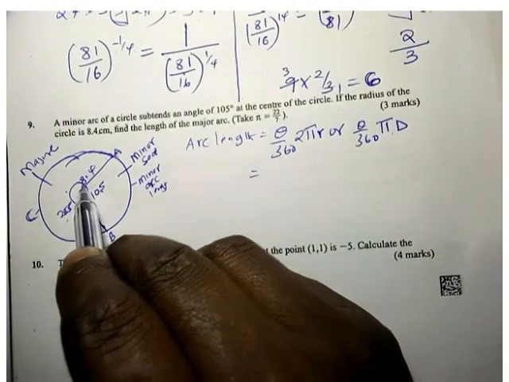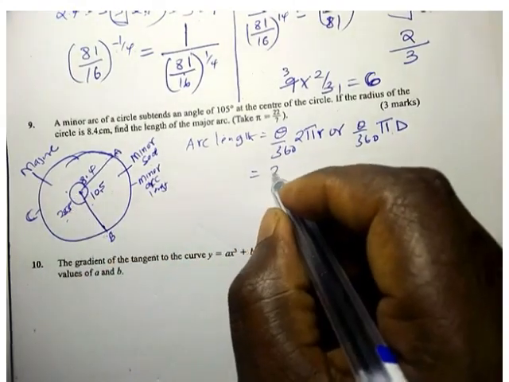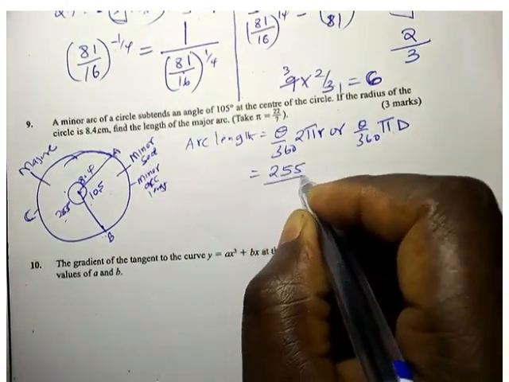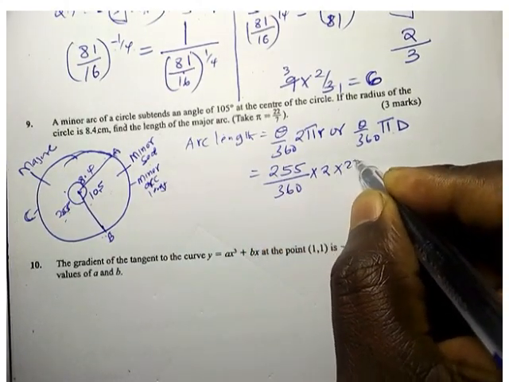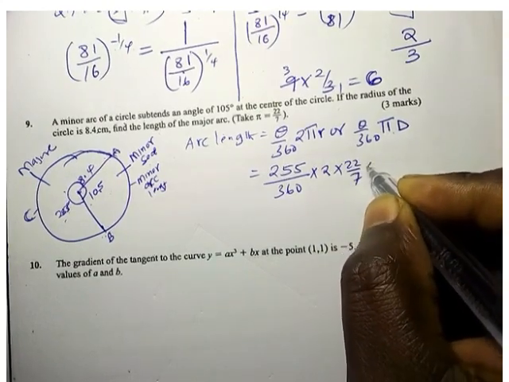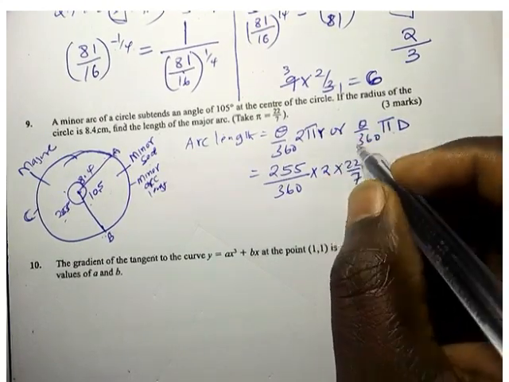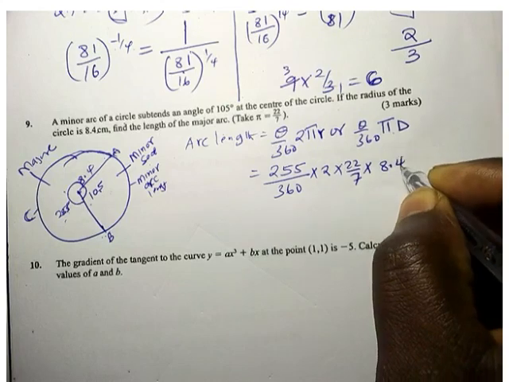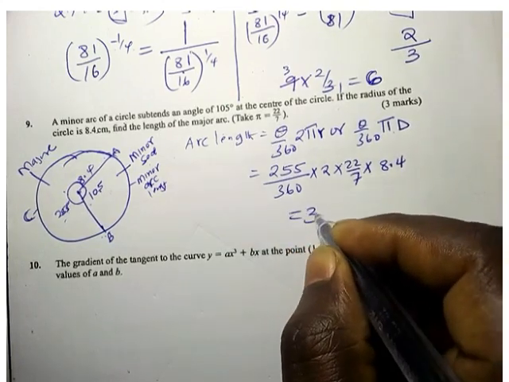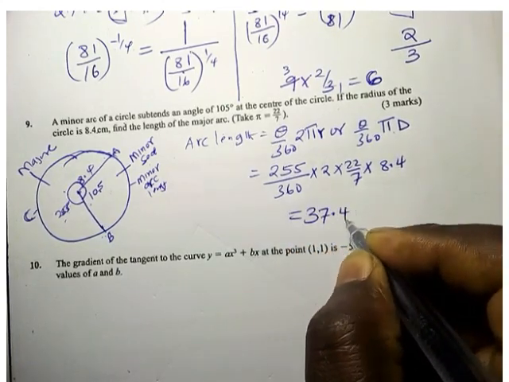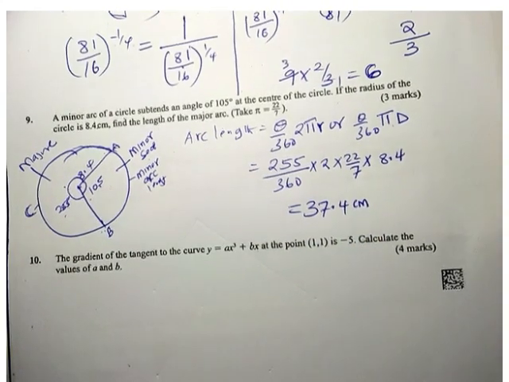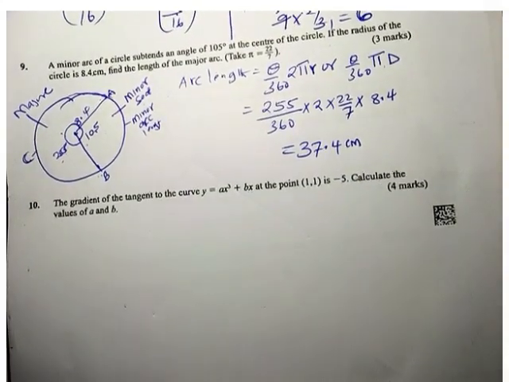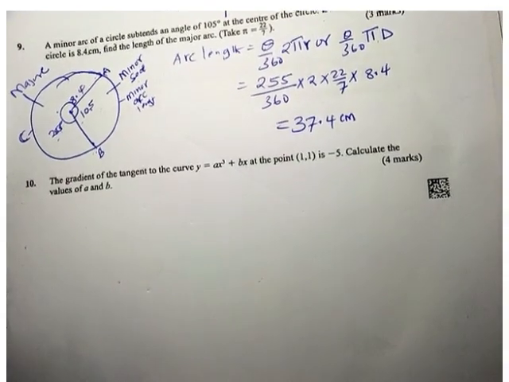So the angle subtended by the major arc is 255. So it is 255 divided by 360 times 2 times pi, which is 22 over 7, times our radius, which is 8.4. That gives us 37.4 centimeters. The arc length is in centimeters because it is a length.